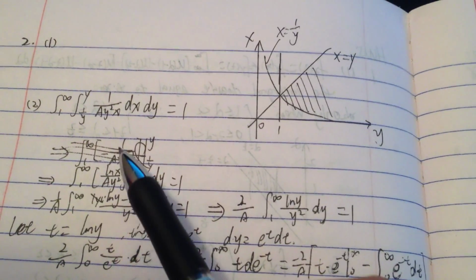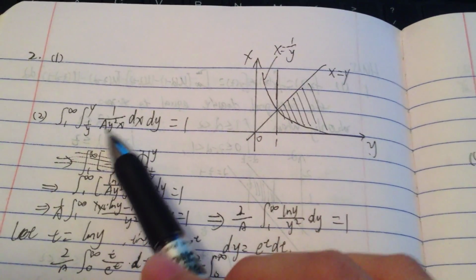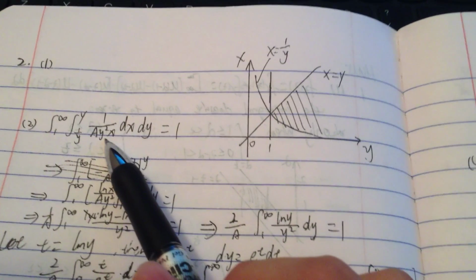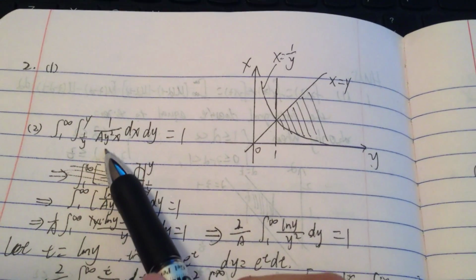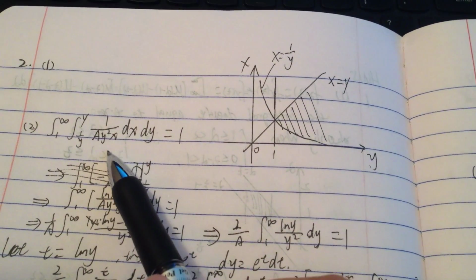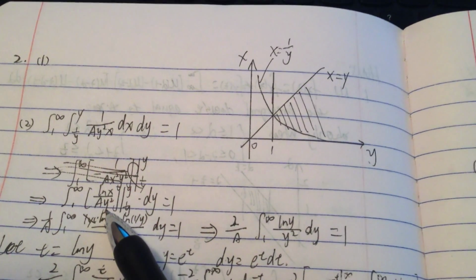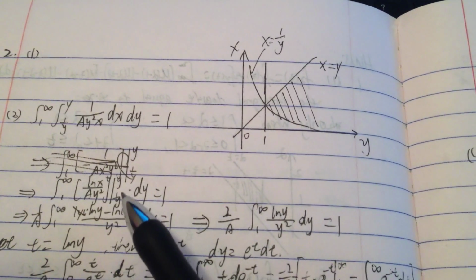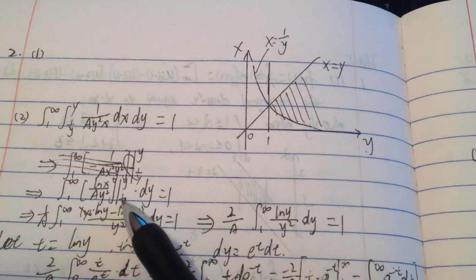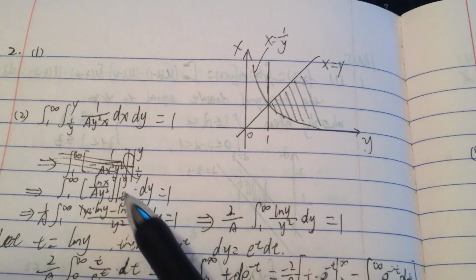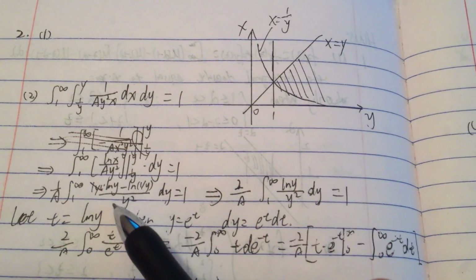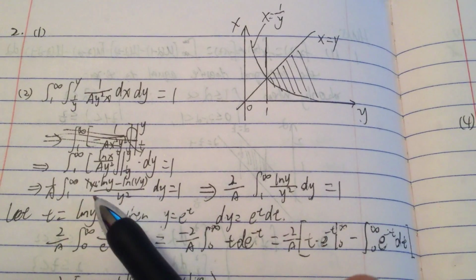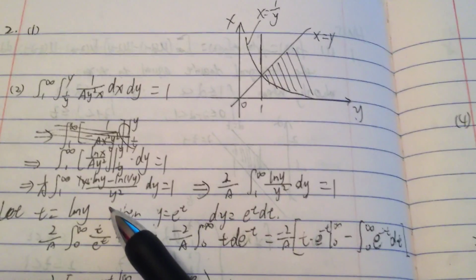First we should integrate this inner term. Now y we should regard as a constant, so it's ln x over a times y squared, with x from 1 over y to y, and that equals ln y minus ln 1 over y, over y squared.